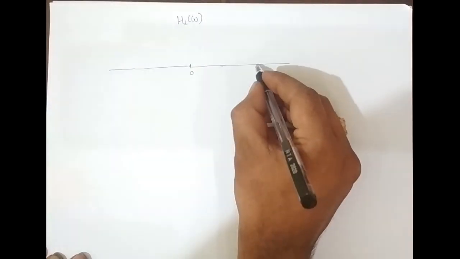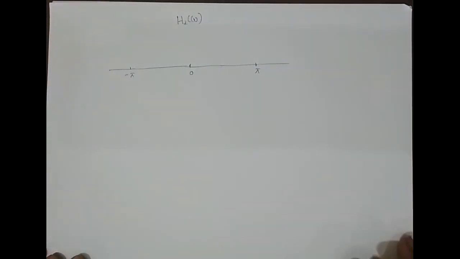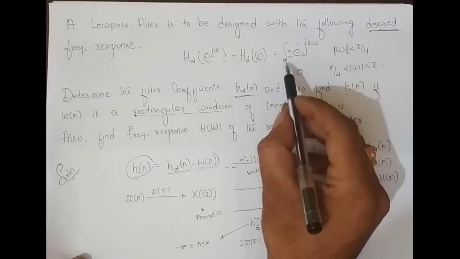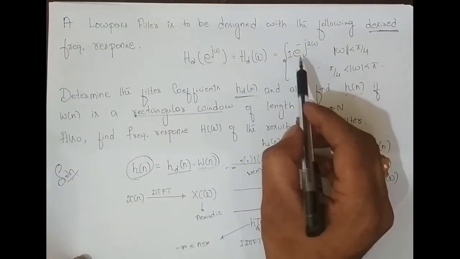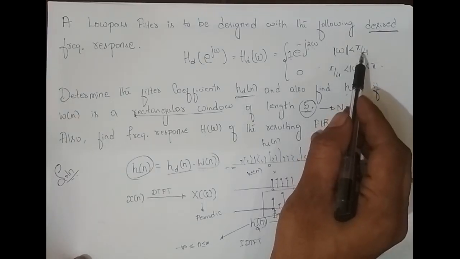If I write it as 0, this is pi and this is minus pi. It is 1 times e power minus j 2 omega. If I consider only magnitude, it is 1 for magnitude of omega less than pi by 4.